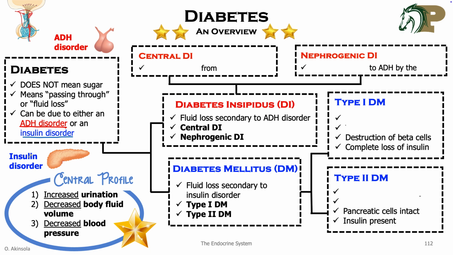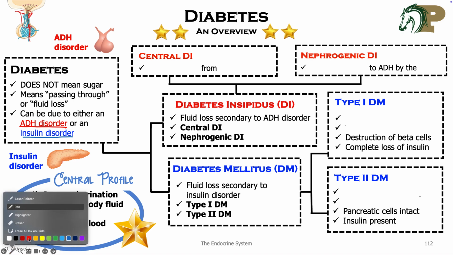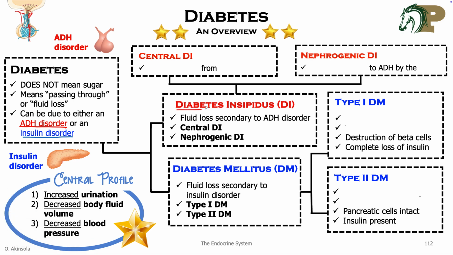If the cause of the diabetes is an ADH disorder, then we refer to that brand of diabetes as diabetes insipidus. We talked about this earlier when we went through ADH. This is fluid loss secondary to an ADH disorder.